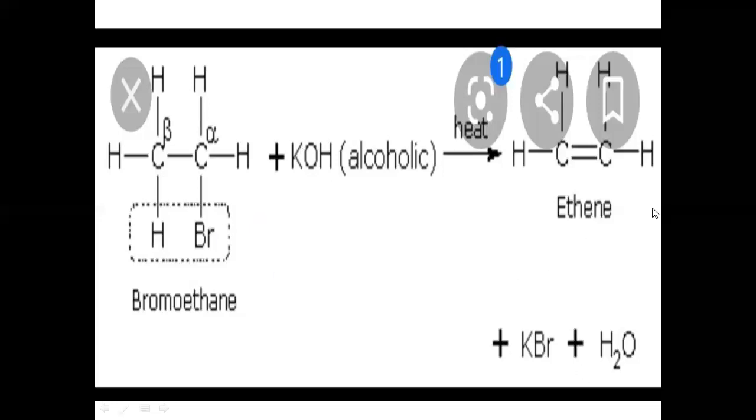So the final products will be ethene, potassium bromide, and water. Actually, the alcoholic potassium hydroxide helps in the elimination of hydrogen bromide from the alkyl halide, and the product formed will be ethene, because after the elimination of these two groups, carbon will have only 3 bonds. The valency of carbon will not be satisfied, so to complete its valency, the two carbon atoms will form a double bond.